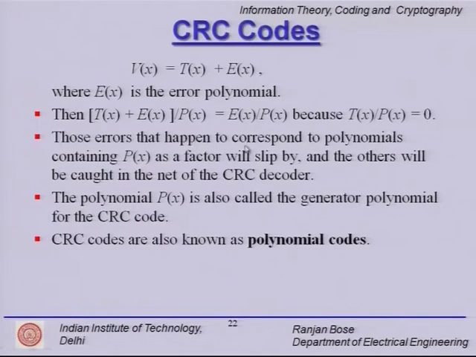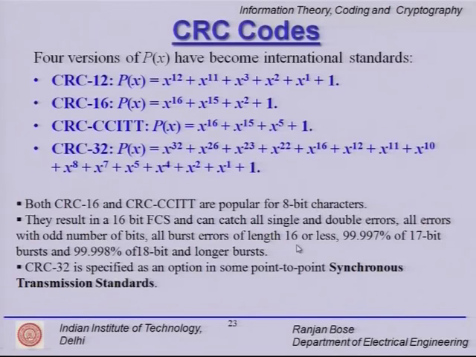In fact, if there are an even number of terms in p(x), then an odd number of terms in e(x) can be caught, and so forth. So the polynomial p(x) is called the generator polynomial for the CRC codes, and CRC codes are also generally known as polynomial codes. Some of the popular CRC codes have entered into international standards, and here we have listed 4 popular CRC codes.